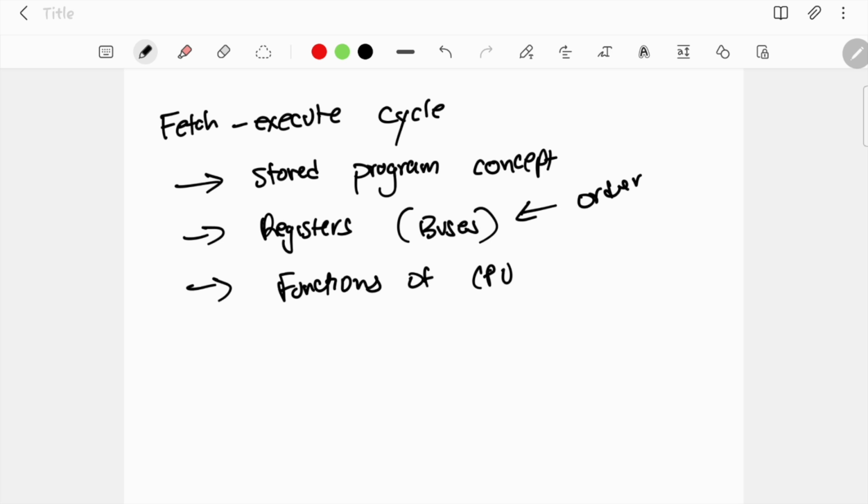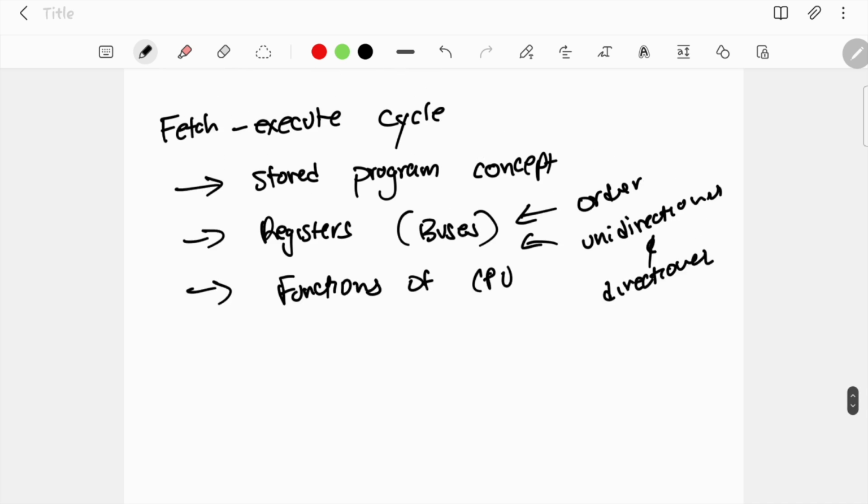So you know that is PC, MAR, MDR, CIR, and so on from the different addresses. Also a key point, you need to know whether the buses are unidirectional or bidirectional. So go over that also. All this will be found in your textbook. If you don't know a certain concept, go check it out in your textbook. Usually they ask you whether the bus is unidirectional or bidirectional. That type of question hasn't come in long.